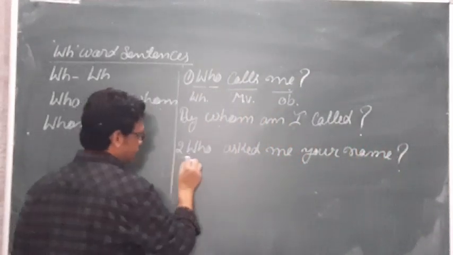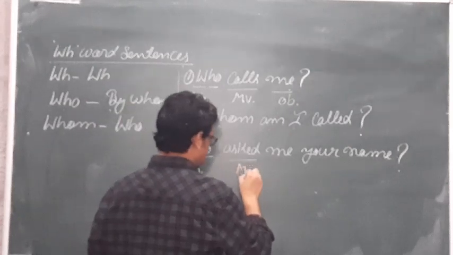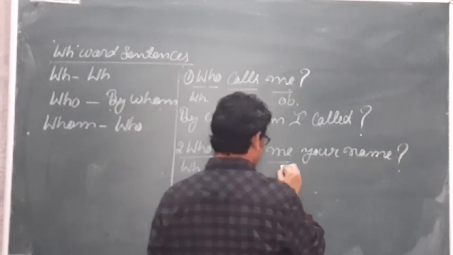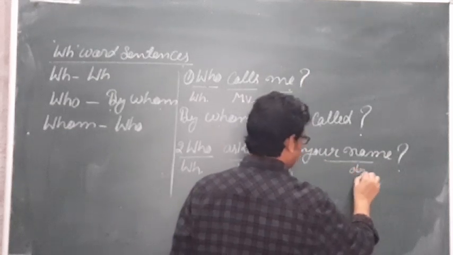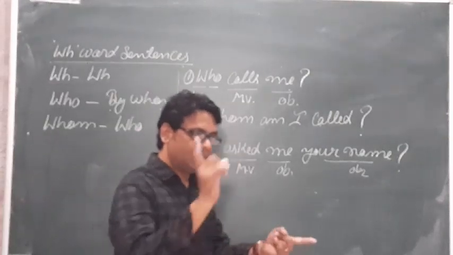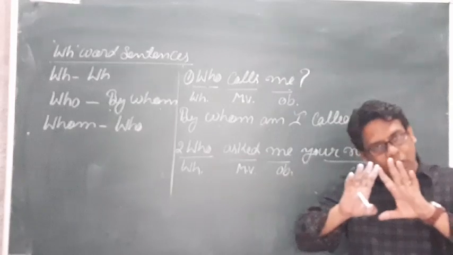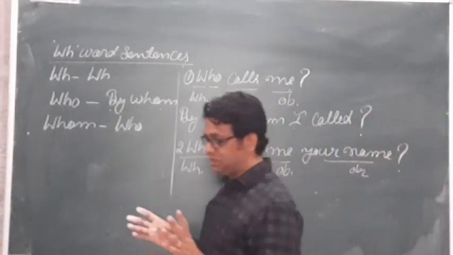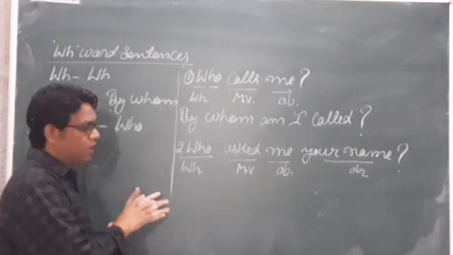Here we find this is the WH word, this is the main verb, this is object number 1, and this is object number 2. It doesn't matter whether a sentence contains object 1, object 2, or object 3. The rule will not change, and we will change the sentence according to the rule.